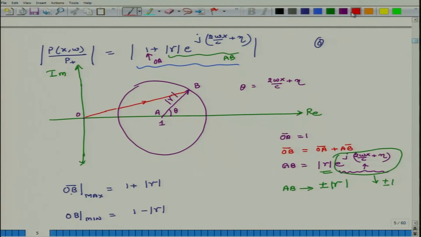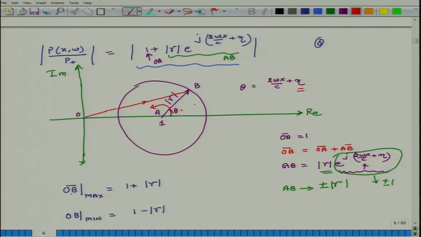Now, we go back to this relation. See, as x increases in this picture, this theta will increase, right. When x is equal to 0, theta will be small, then theta will be same as eta, and as x goes up, theta will go up as well.